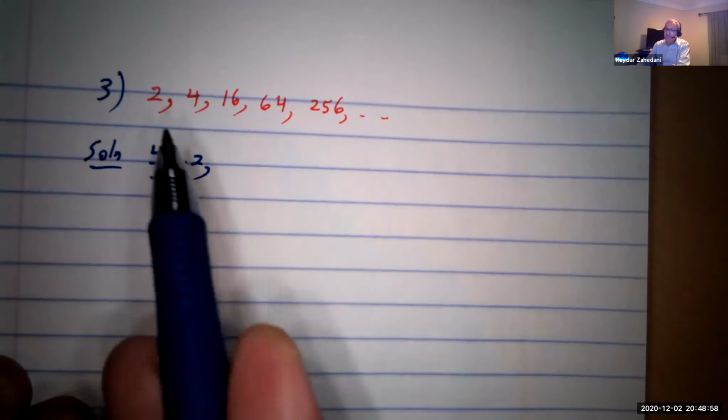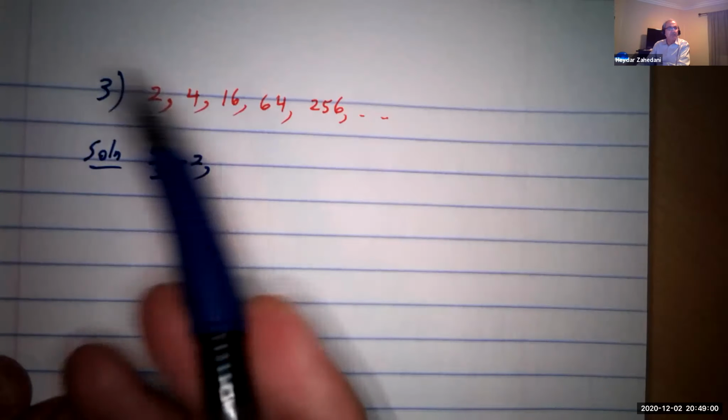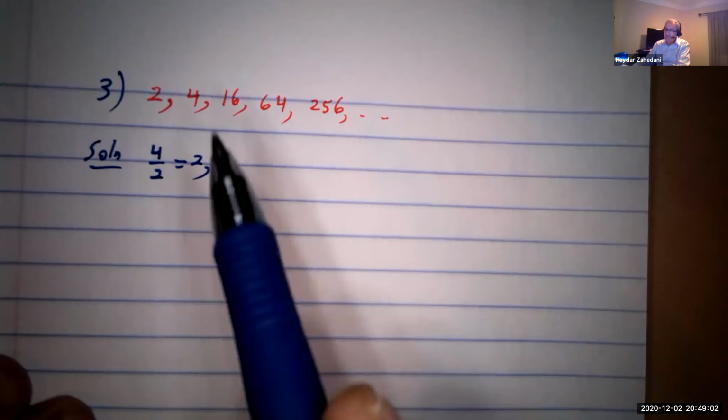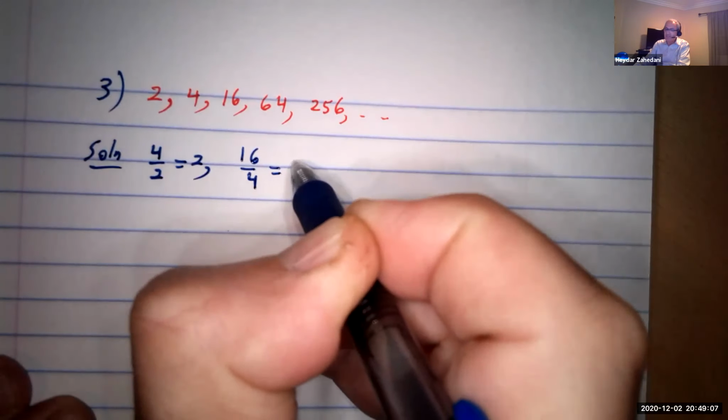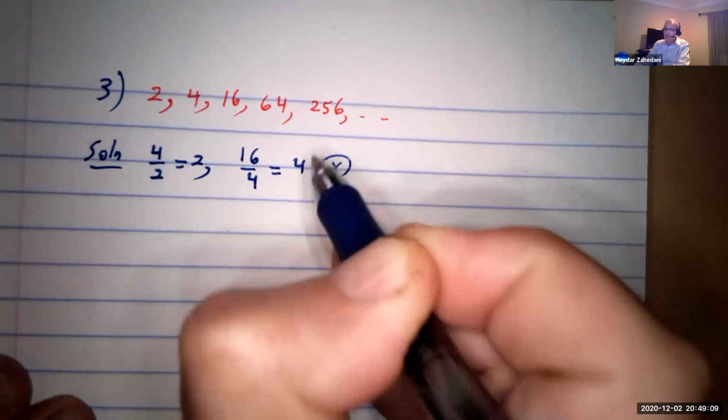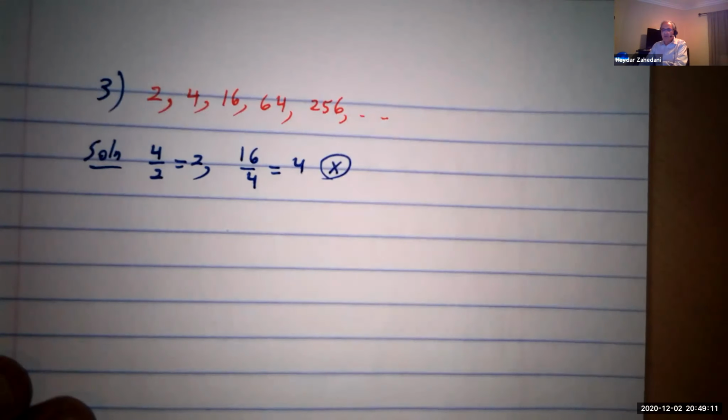Okay, so you know that 16 divided by 4 is not 2. You divide the 16 by 4, so that gives you 4. So you're not going to continue, because there is no common ratio.